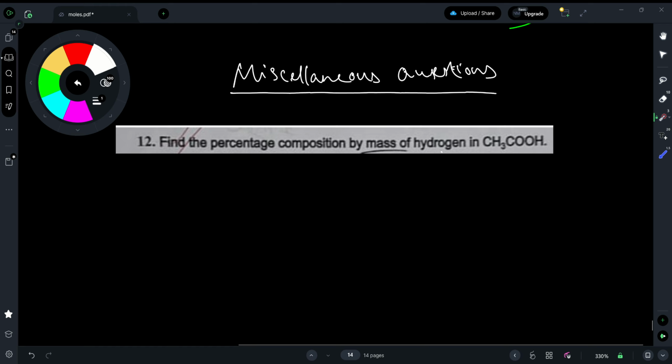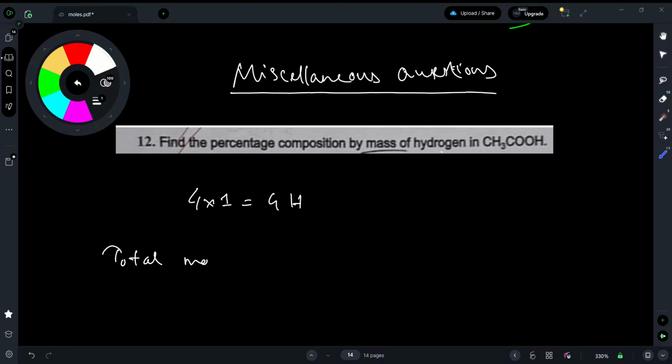So what you do first is we see there are 4 atoms of hydrogen here, 3 and 1, 4. So 4 into 1 equals 4 for hydrogen. And we see carbon, there are 2 carbons, and we find the total molecular mass. This was the mass of hydrogen, 4 into 1, 4.